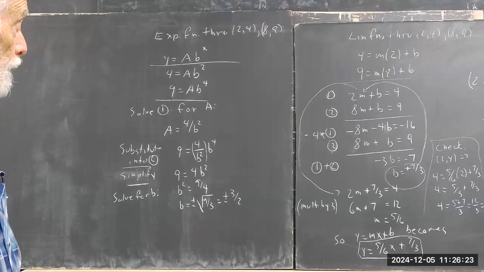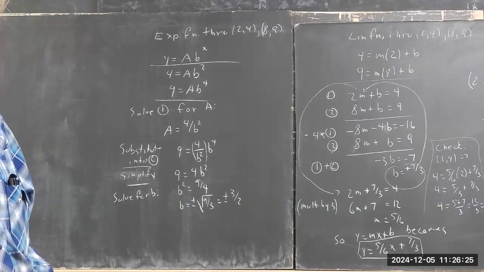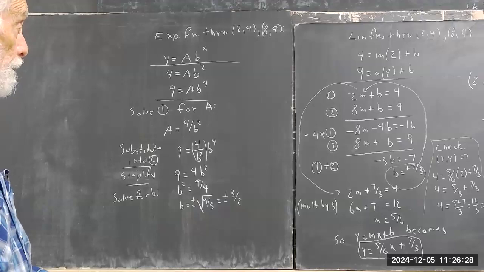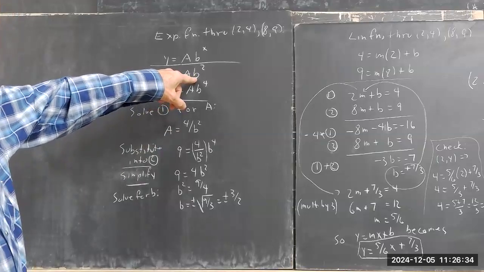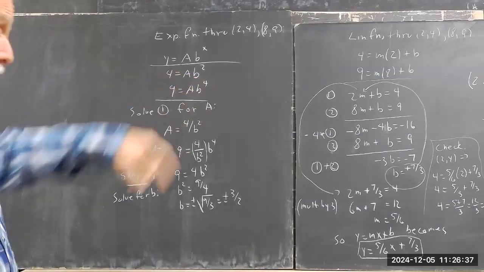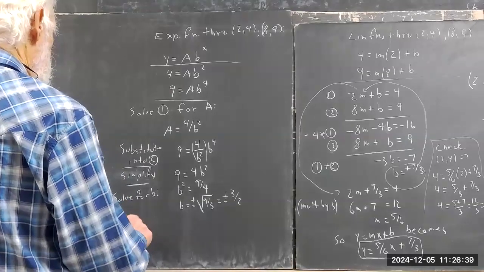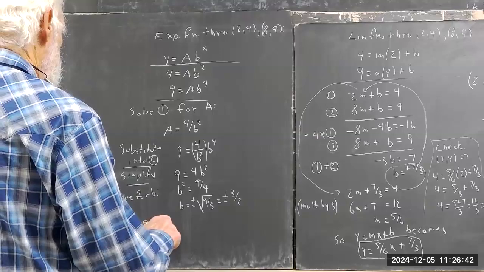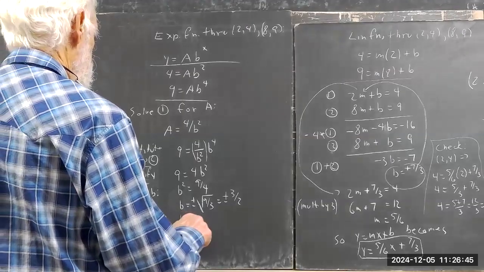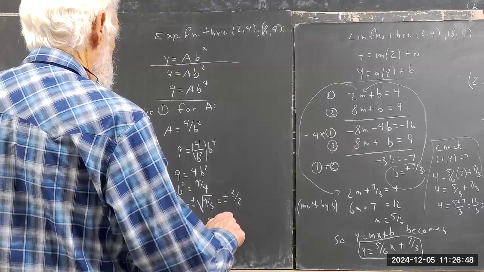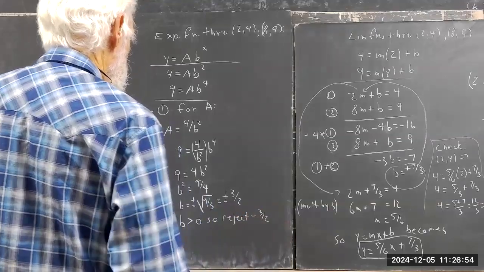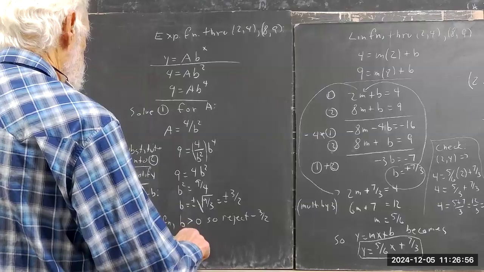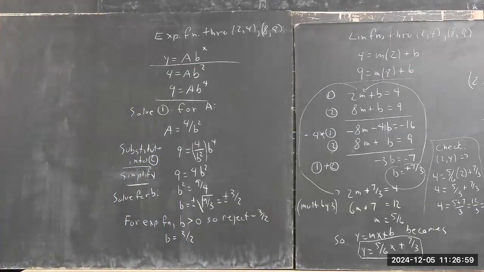Now, for an exponential function, B can't be negative. So we reject negative 3/2, and conclude that B equals 3/2.